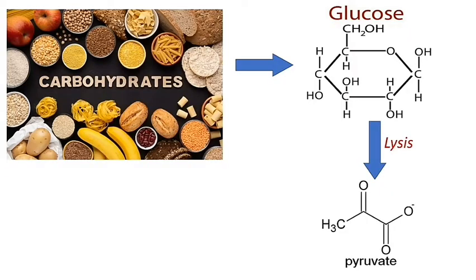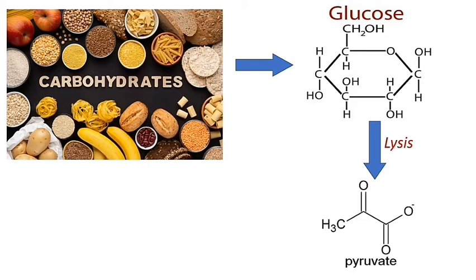As we said in the previous video, at first the carbohydrates are broken down into smaller fragments of glucose, a simple sugar form, and there is further breakdown, or lysis, of the glucose molecule, that is glycolysis, and there is formation of pyruvate, which further takes part in different kinds of cycles and processes for the yield of ATP.